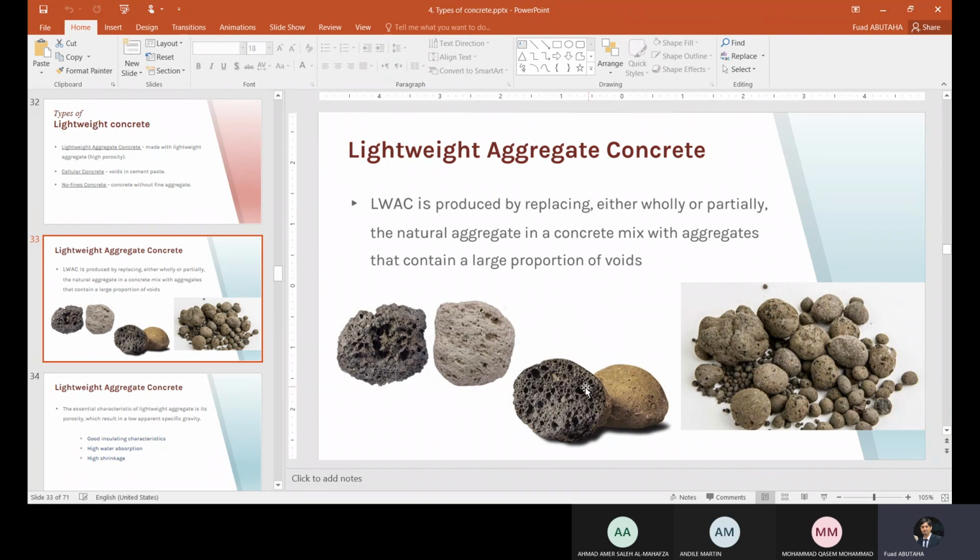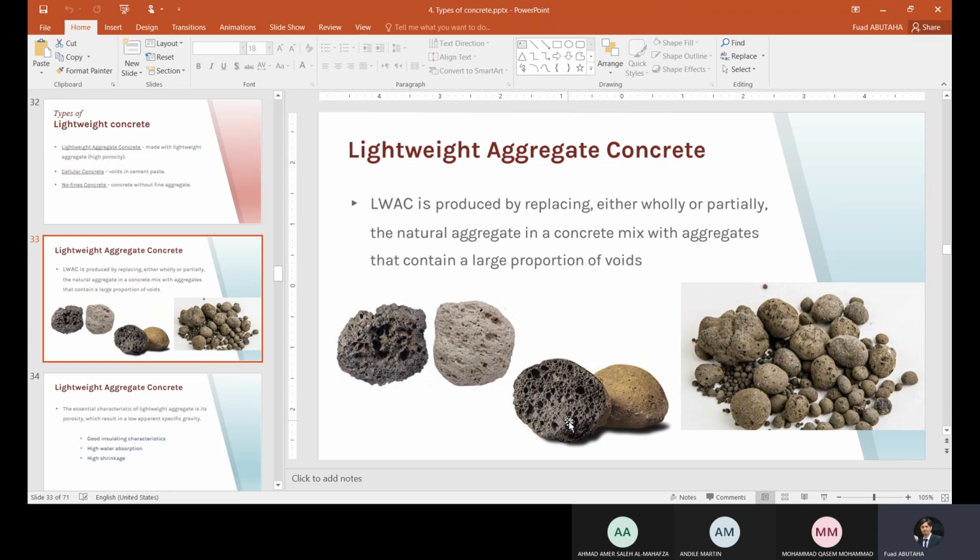The existence of these voids inside the particles will make it lighter, and the lighter aggregate will result in a lighter concrete. But you need to know that as a result of all these voids, the particle is weaker, which results in lower strength of concrete. Yes, we can get lighter weight concrete, but at the same time lower strength concrete.